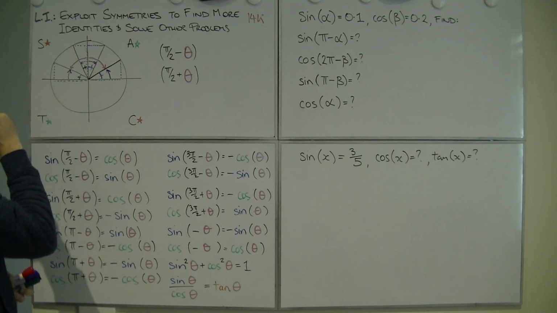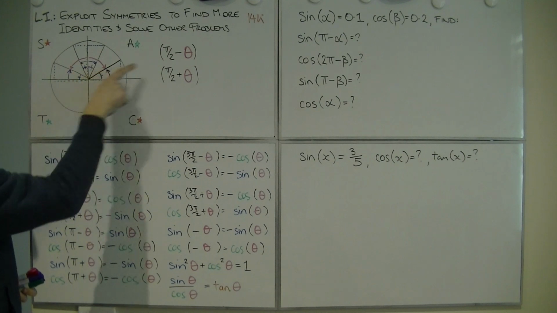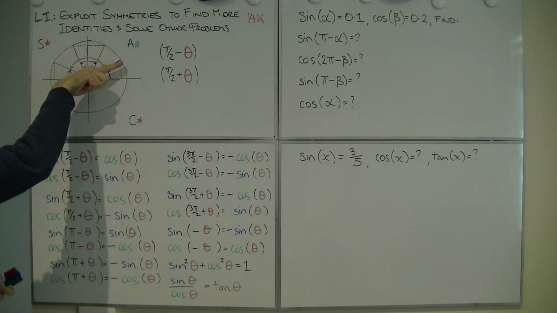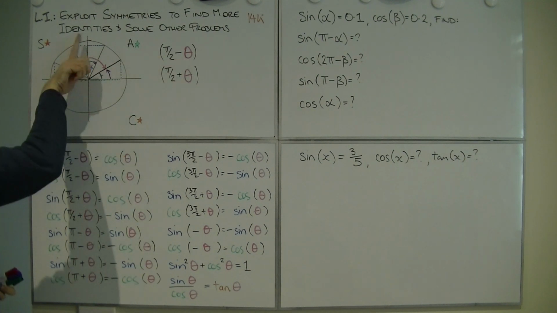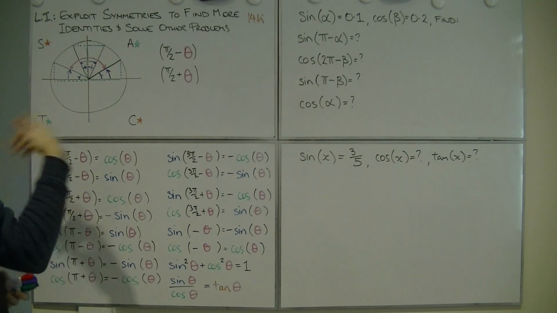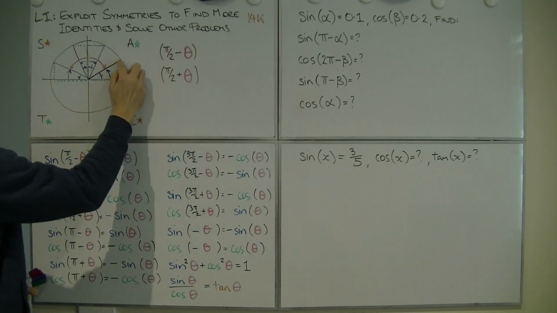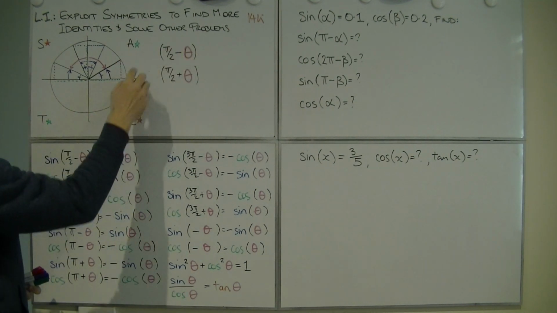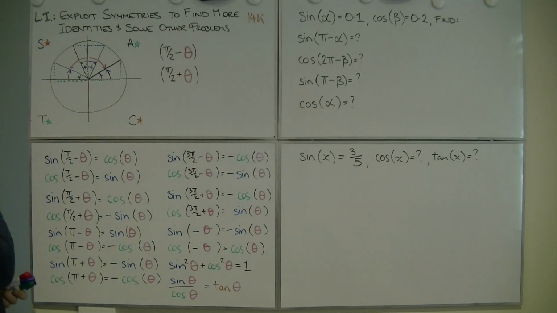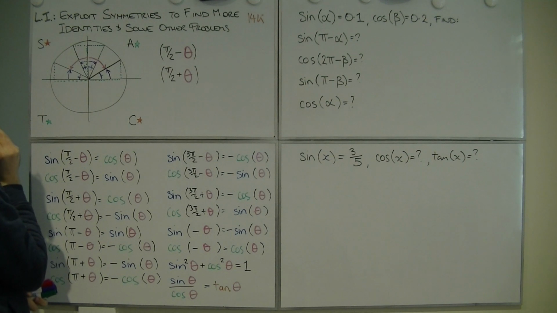Okay, well, let's think about this for a second. I've got pi on 2 minus theta, that pink is the theta, so I'm going to come down to there. Okay, great. If I was talking about sine of this thing, that would be the blue line, and if I was talking about cos of this thing, it would be the green line there. Okay, well, how else could we think about this?